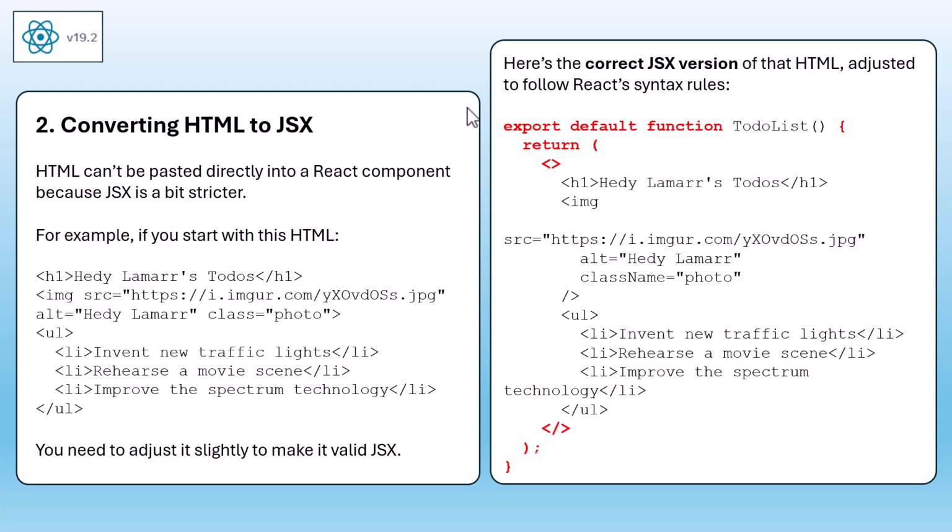This is because JSX needs to convert your markup into JavaScript objects that React can use internally. So while the syntax looks like HTML, it's really JavaScript under the hood. To make HTML valid inside React, you'll need to adjust a few things, such as ensuring every element is properly closed, wrapping your structure inside a single parent element, and changing a few attribute names to fit JavaScript conventions.